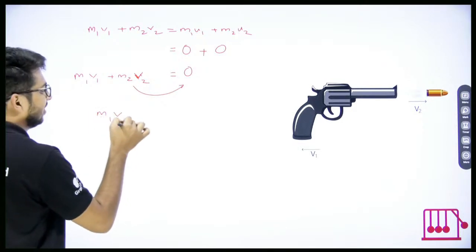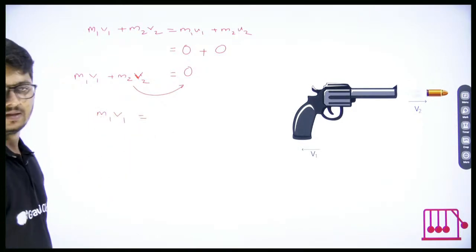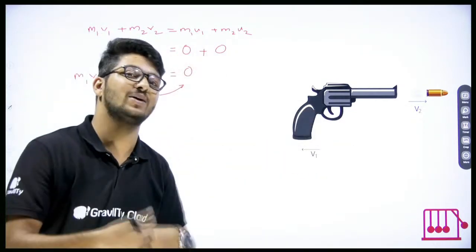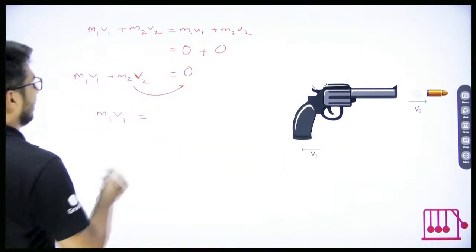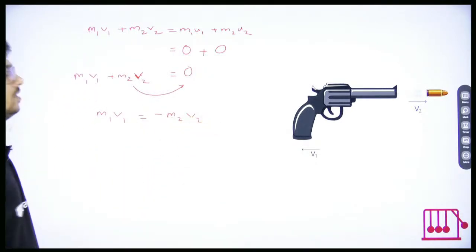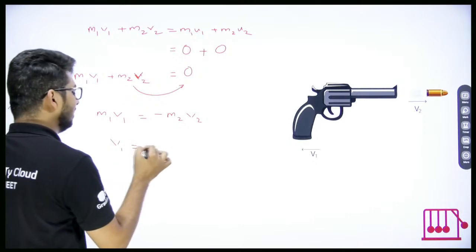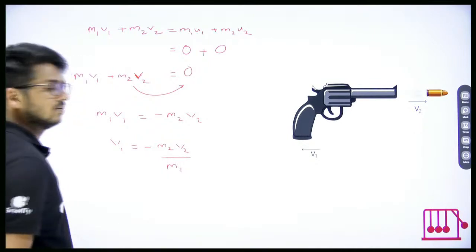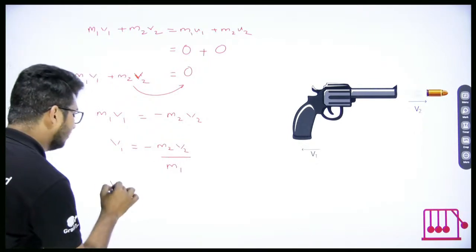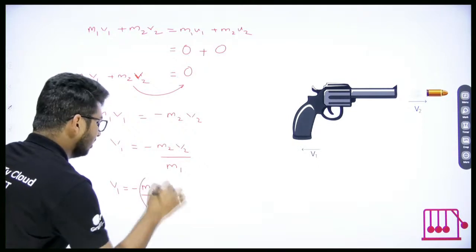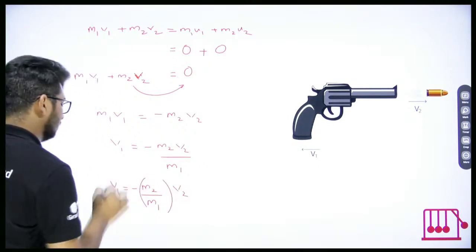What will remain? m1 v1 is equal to, here m2 v2 is positive, if it goes to the other side, it becomes negative. So m1 v1 is equal to minus m2 v2. If I need v1, v1 will be equal to minus m2 v2 by m1, or I can write v1 as minus m2 by m1 into v2.